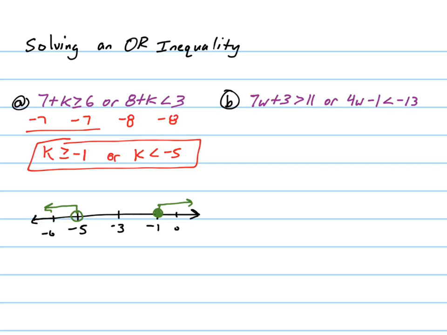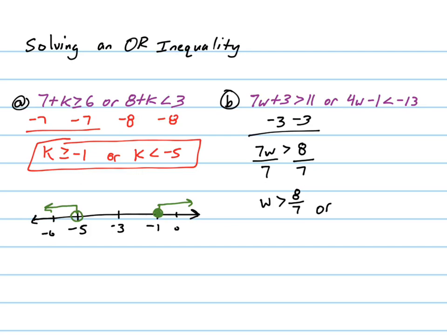Let's go ahead and solve b as well. Same idea, we'll solve each of the two inequalities separately. So subtract 3, 7w greater than, in this case, 8, divide by 7. And so w is greater than or equal to 8/7.